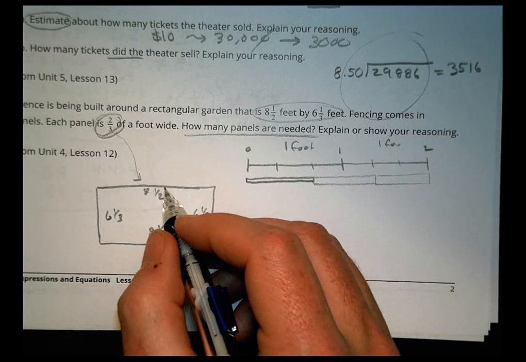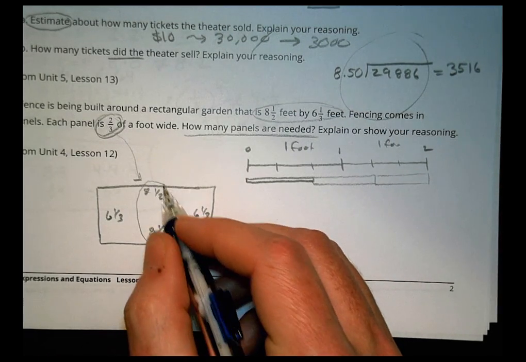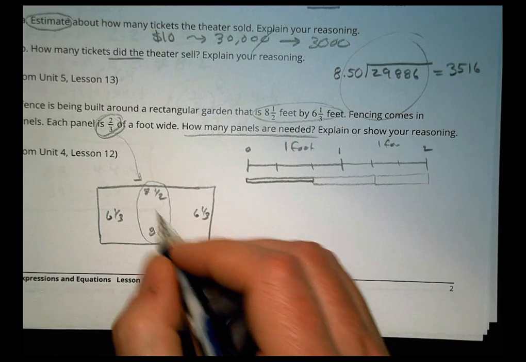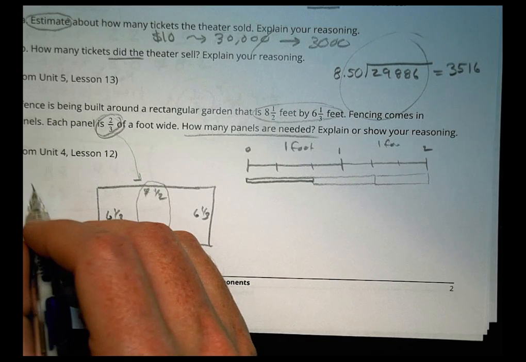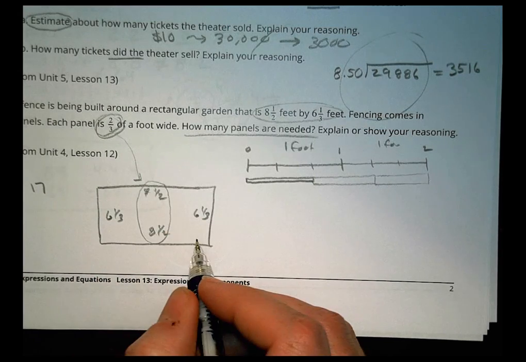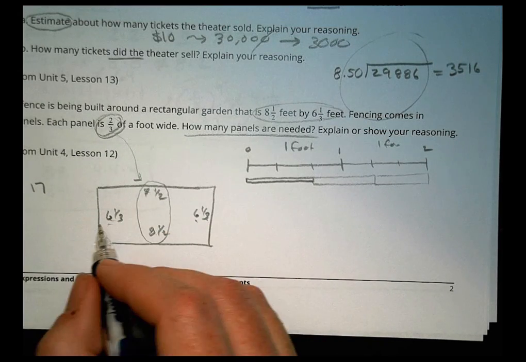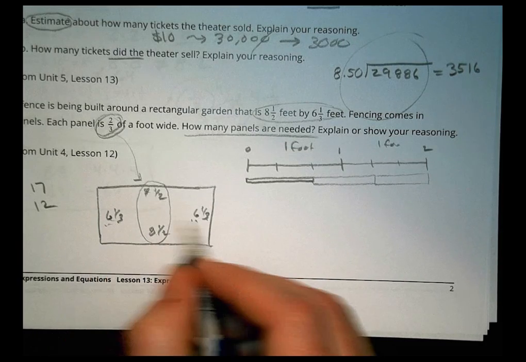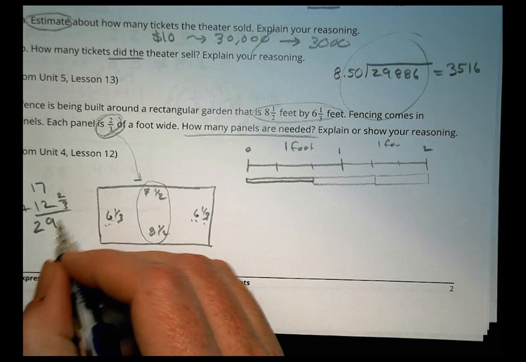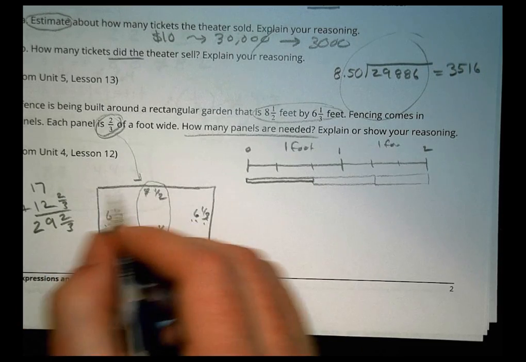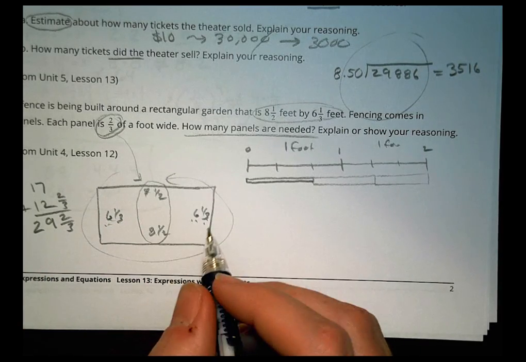So I went ahead and added up all my sides. 8.5 plus 8.5 is 8 and 8, 16, plus a half is 17. So I know I had 17 feet around these sides. And this side was 6 plus 6 is 12, and a third plus a third is 2/3. So I knew I was looking at 29 and 2/3 as the whole distance around the garden.